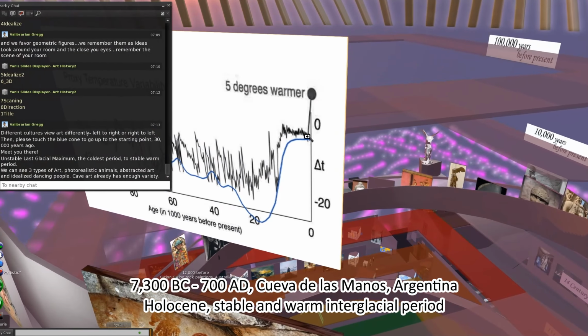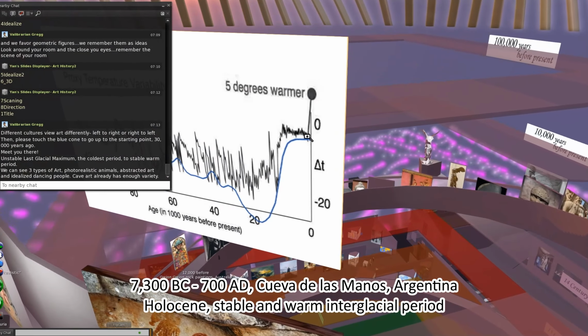And next is the Great Pyramid of Giza, 4,500 years before. Please look back, sharing screen. The temperature becomes warm and stable, but sea level is still changing.